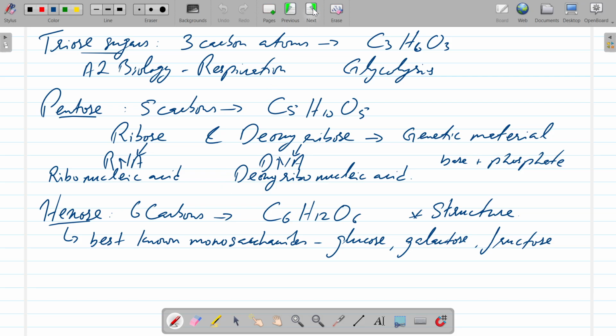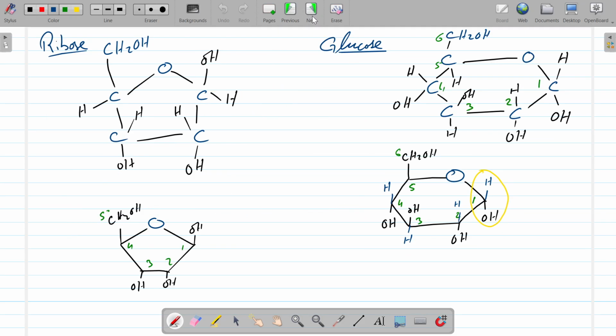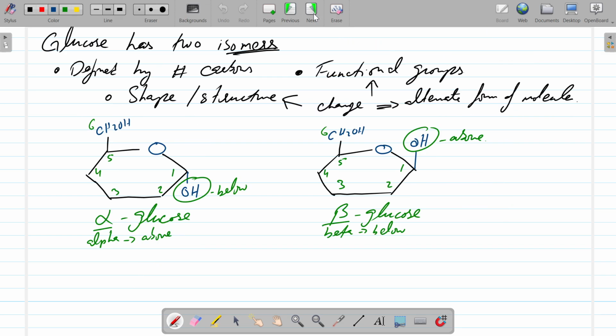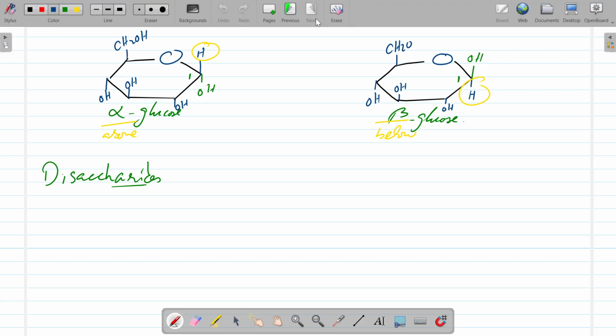We also looked at the structures of the pentose and the hexose, the ribose and the glucose molecule. For glucose, we saw that it has two isomers, alpha and beta glucose, the ones that we are supposed to know for the syllabus.